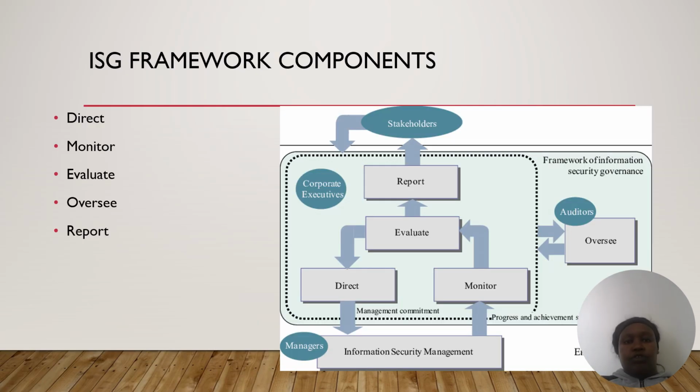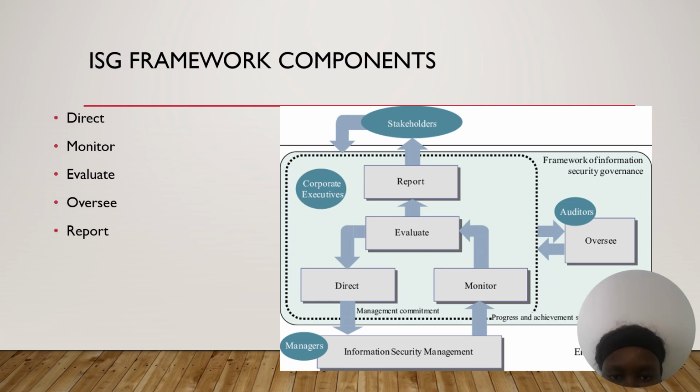From the information security governance framework components, we have direct, monitor, evaluate, oversee, and the reports. From this chart, we are able to see how each coexists and correlates with each other. When we talk about direct, it goes to the information security management, to the monitor, to the evaluate, and it becomes a vicious circle.